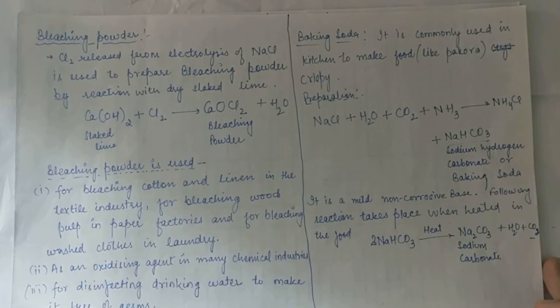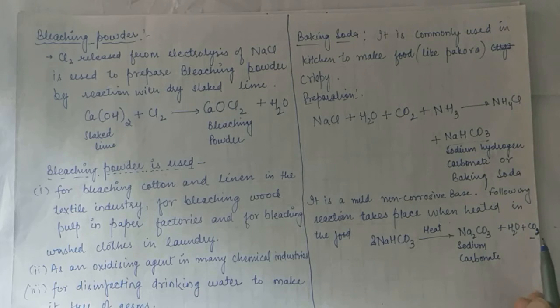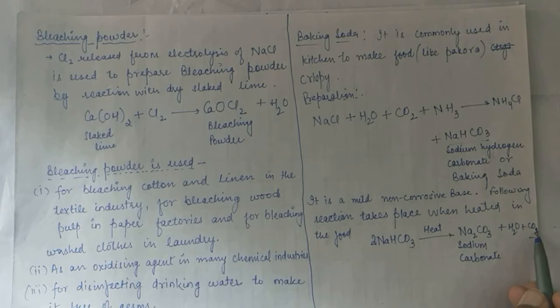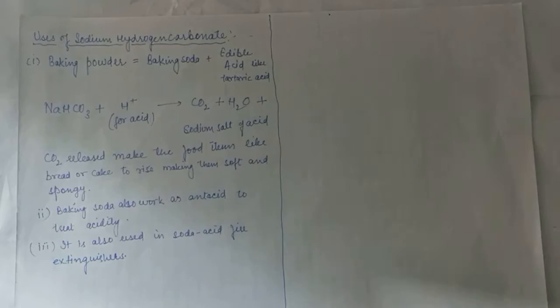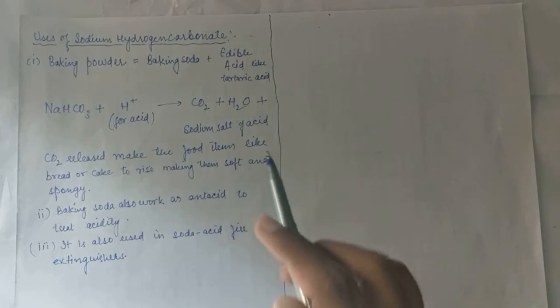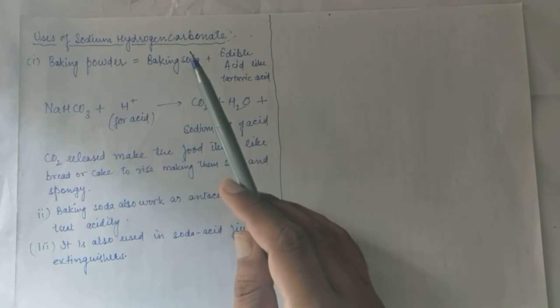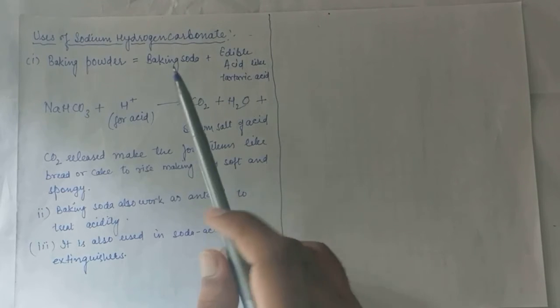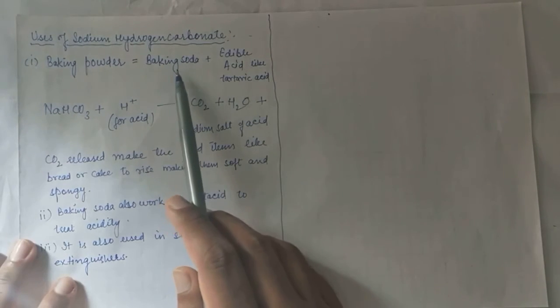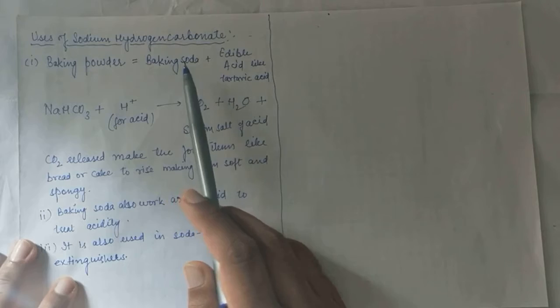Whenever this sodium bicarbonate is heated, that means in the food items, when it is heated, it produces CO2 gas, and that CO2 gas helps to make the food items crispy or fluffy. Okay, what are the uses of sodium hydrogen carbonate? So sodium hydrogen carbonate, that is baking soda, is also used in food items.